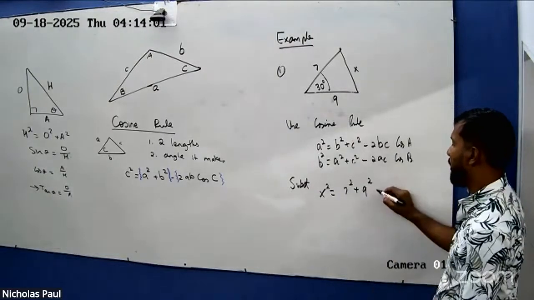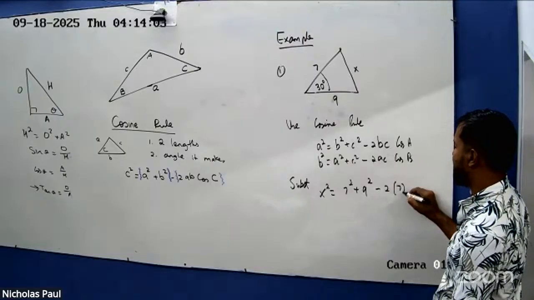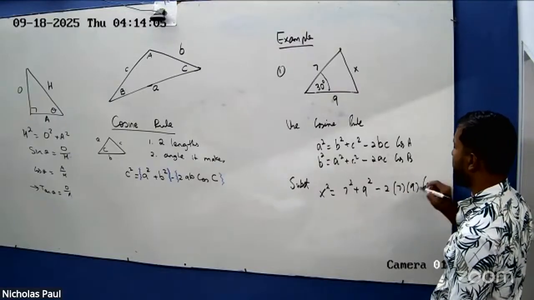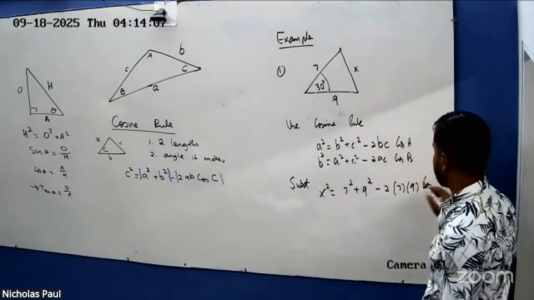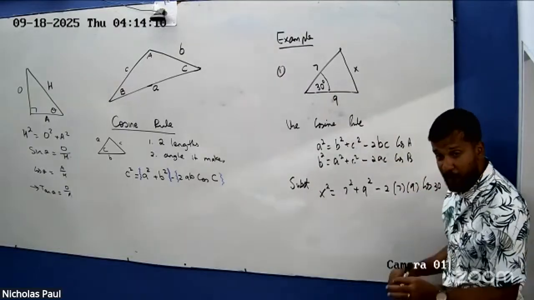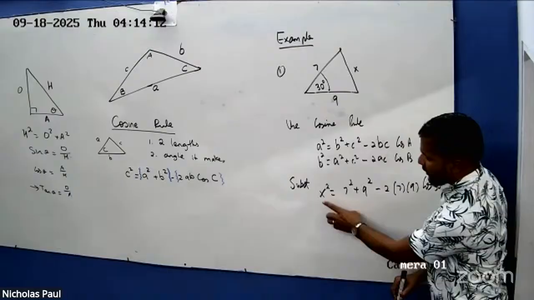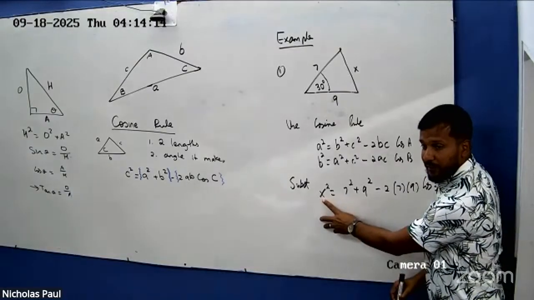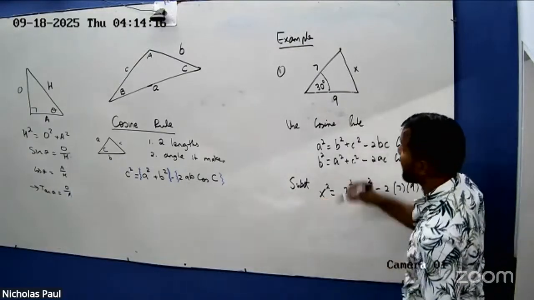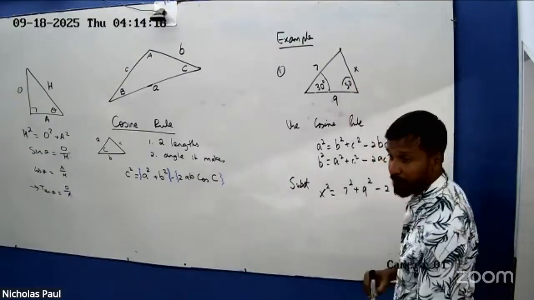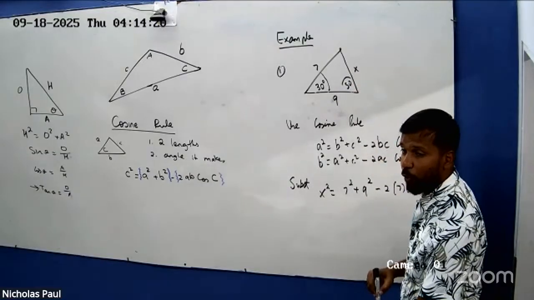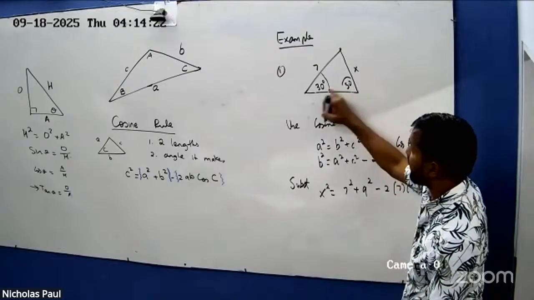Now, minus 2 by 7 by 9 cosine of 30. Just make sure that this angle and this length are opposites. Because in the next question, I can do something different. You have to know which angle to use. The opposite angle. Okay?